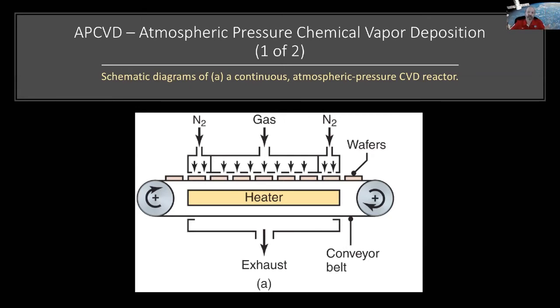A nitrogen curtain, so the atmosphere from the outside doesn't get inside the chamber. And the wafer goes underneath the curtain, goes through the curtain, right? Like you're walking through a gas curtain. And goes into the machine. Then you flow whatever gases you have of interest that you're going to make whatever material you're going to make.